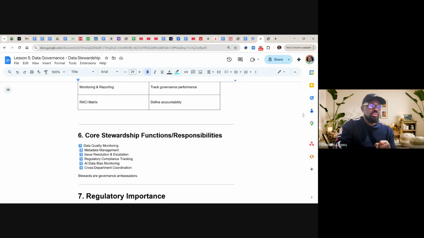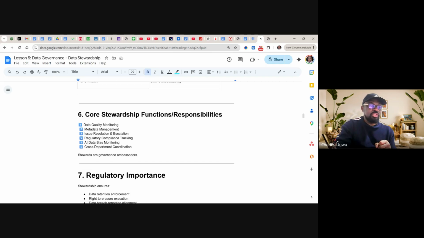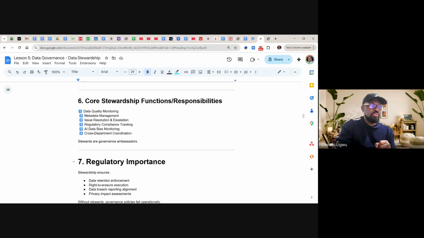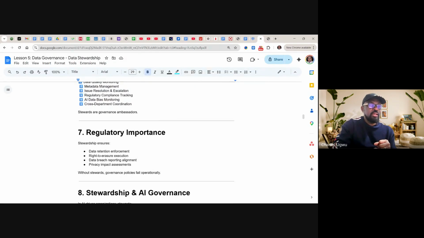We already talked about core stewardship functions and responsibilities, which should be covered in the RACI matrix. Everybody knows their responsibilities. We should be able to have a good work breakdown structure as well. Regulatory importance, the stewardship, make sure that there is retention and right to erasure.